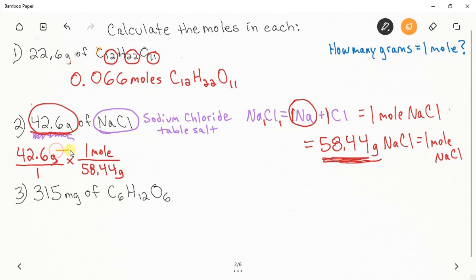We go 42.6 times 1 mole. And so that equals 42.6. And then 1 times 58.44, well, that's 58.44. Now you get out your calculator and you divide 42.6 divided by 58.44, and you should get 0.729.